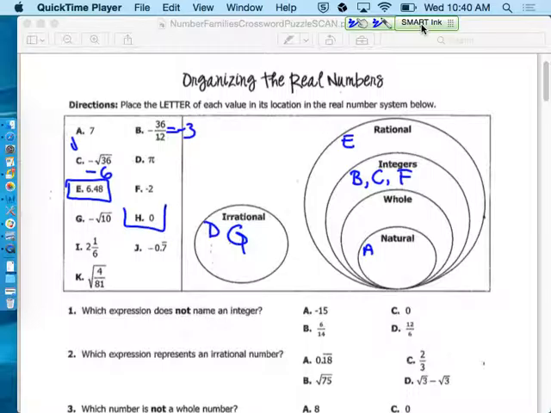H, 0. I'm going to put that in whole numbers. 2 and 1/6, there's your mixed number. It's not an integer, so I'm going to put this up here with my rational numbers. 0.7 repeating, it's a predictable decimal pattern, so I would consider that as rational.